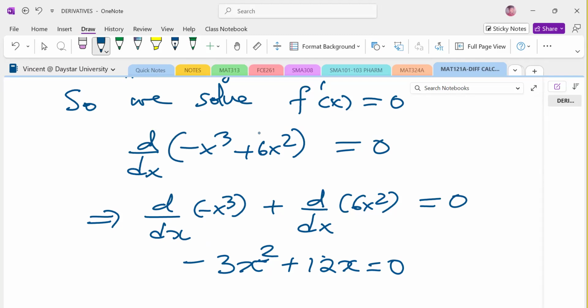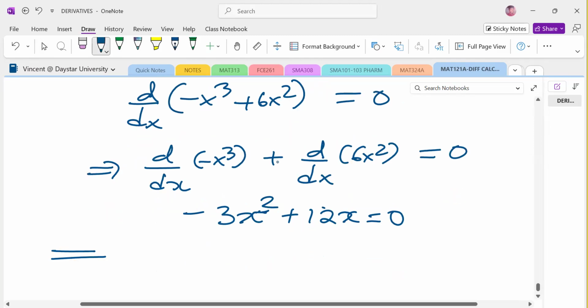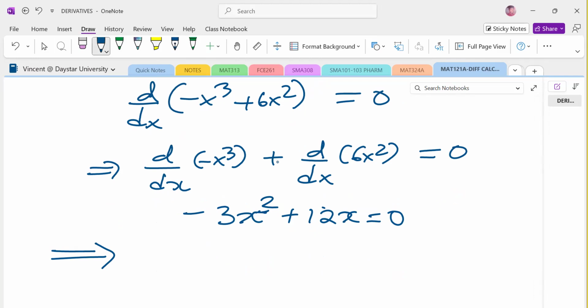Solve for x in that quadratic. X equals 4. That's the only answer for x.